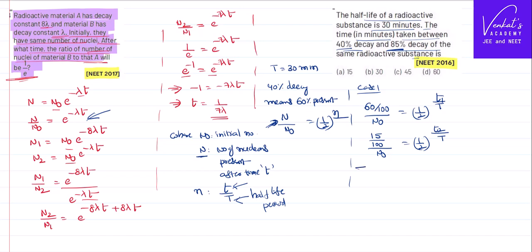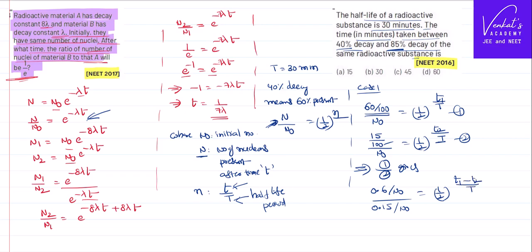Let's divide these two equations. Call them 1 and 2, and divide 1 by 2. 60 by 100 means 0.6 N0 by 0.15 N0 equals 1 by 2 power of, the denominator goes to the numerator, T1 minus T2 by T. N0 will cancel. 0.6 is 4 times 0.15.